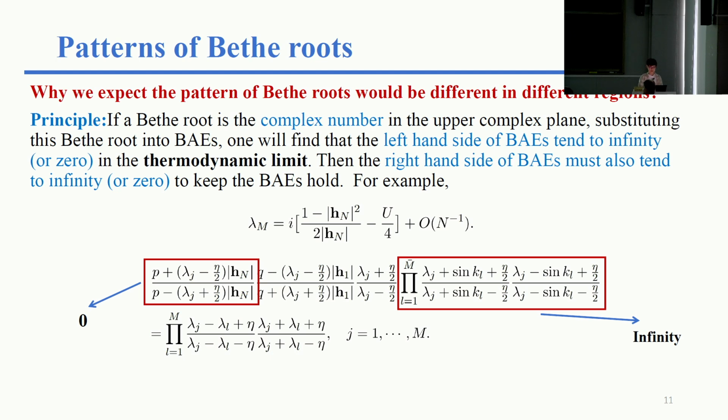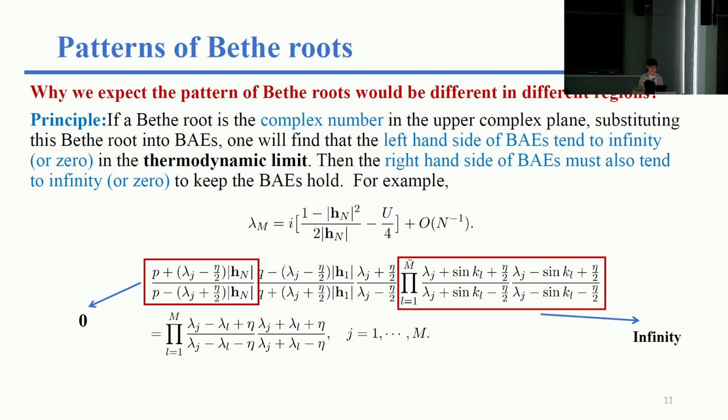on the left-hand side of the BAE, one term should tend to infinity or 0. Of course, we use a thermodynamic limit. And then on the right side of the BAE, it must also tend to infinity or 0 to keep the BAE hold.